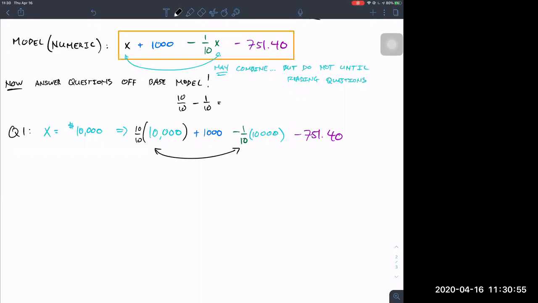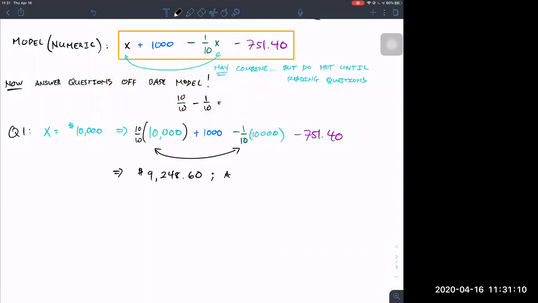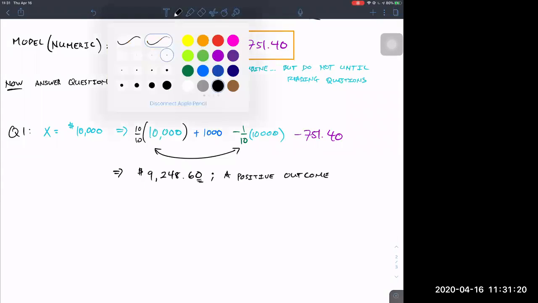So I got $9,248.60. By the way, I will fix it for the final, a positive outcome. There are people that got answers like this on the second exam and they left out that zero. Why do you do that?